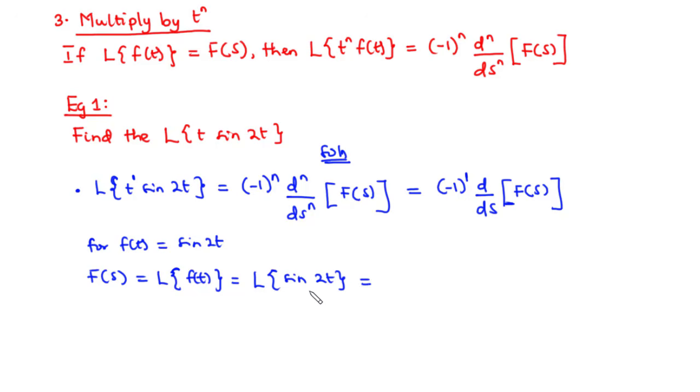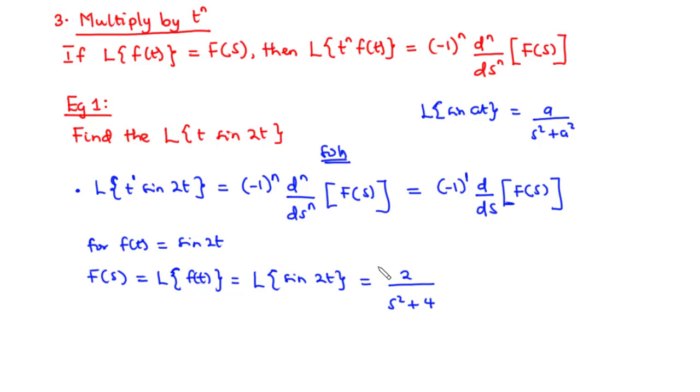If you have the Laplace transform of sine at, we know that is equal to a over s squared plus a squared. So here we have a to be 2, so 2 divided by s squared plus 2 squared, and 2 squared is equal to 4, so simply s squared plus 4.